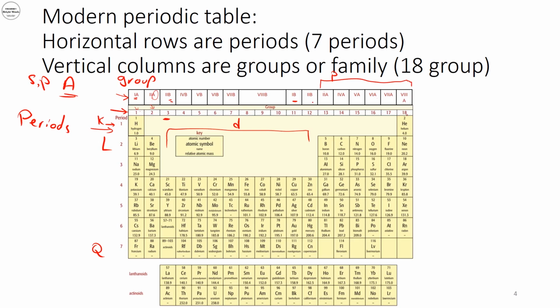From 13 up till 18, the second digit on the right will be the number of valence electrons for each group. So group 13 will have 3 valence electrons, group 14 will have 4 valence electrons, group 15 will have 5 valence electrons, up till group 18, where I will have 8 valence electrons.